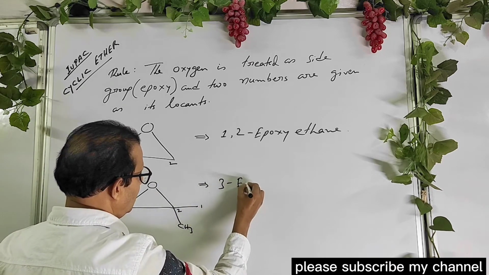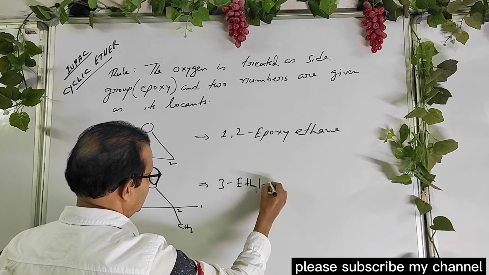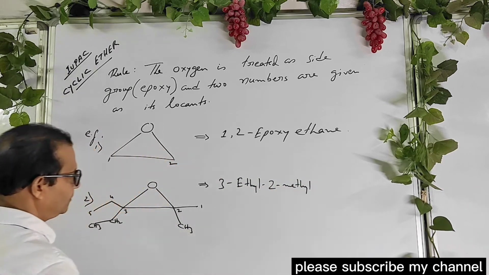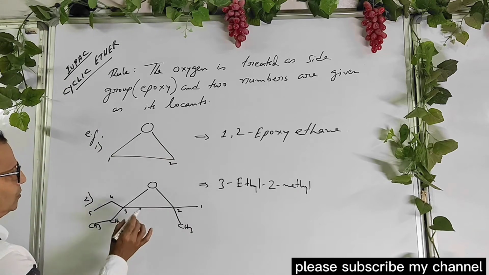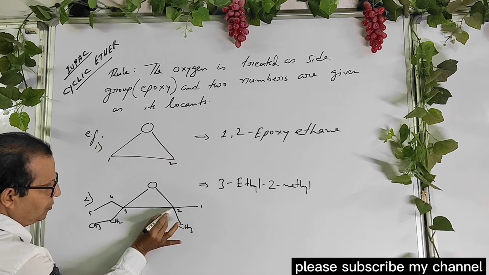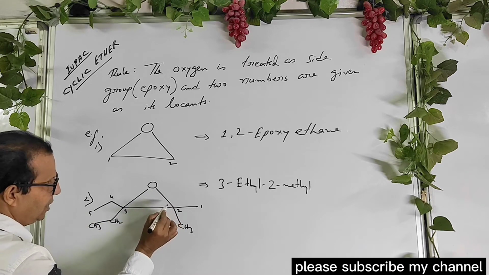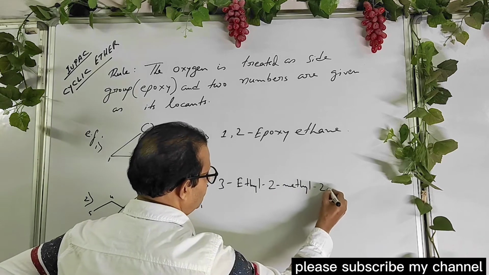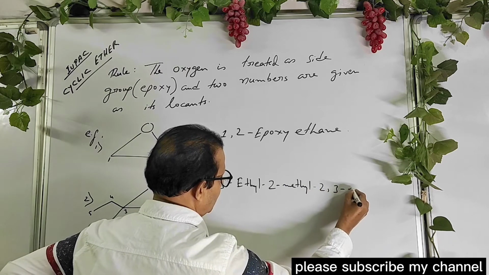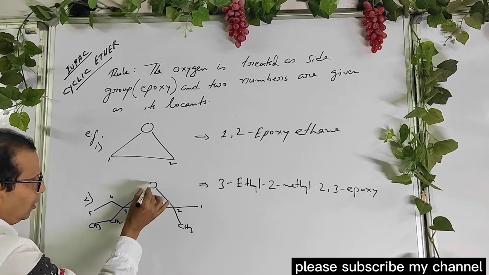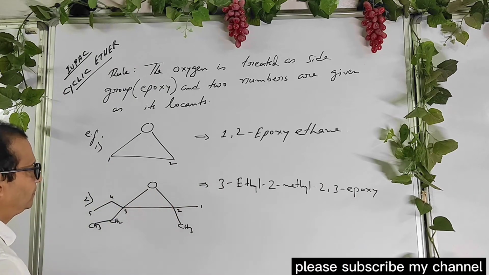3 ethyl, 2 methyl, 2 and 3 position of carbon contains the oxygen. So 2, 3 epoxy, because you know that in cyclic ether oxygen is called epoxy.